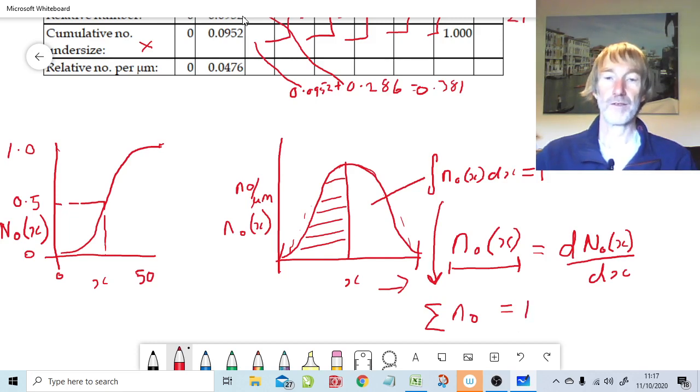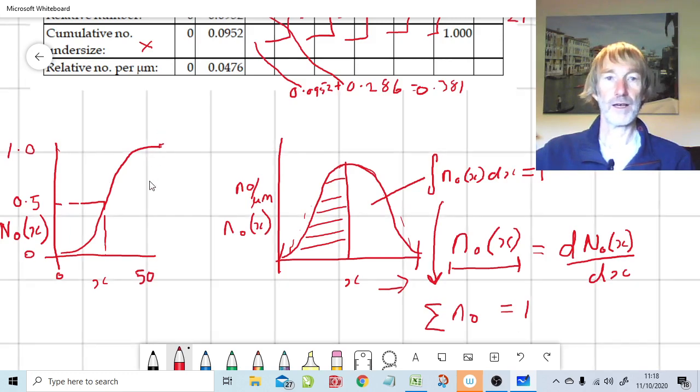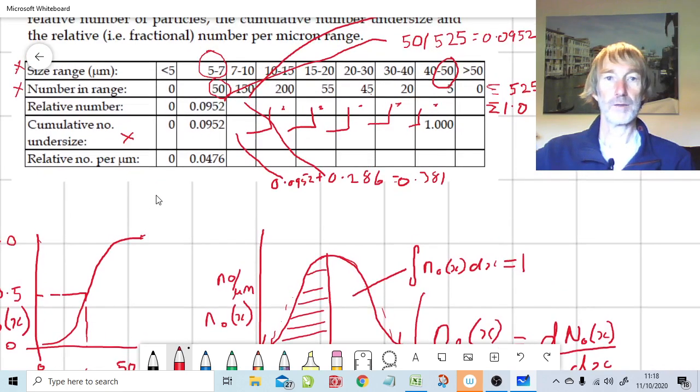So there is this great, I don't think analogy is the right word, similarity between integration and summation, because of course integration is just summation on a very, very small basis. Okay, so that's a lot of words. What does it actually mean for completing our table just here?